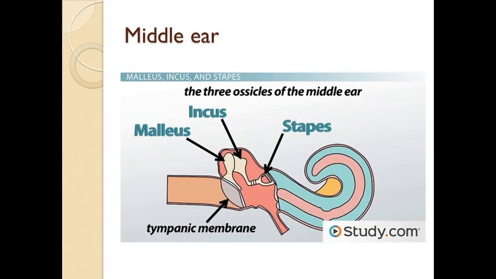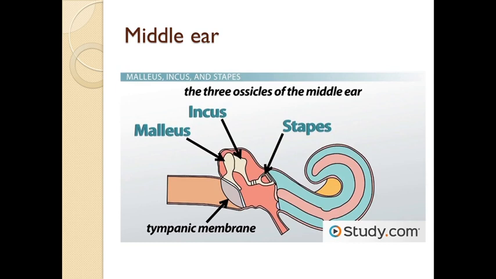Then the middle ear consists of three small bony ossicles, named malleus, incus and stapes. Malleus is connected to the tympanic membrane, and stapes is actually connected to the medial wall, and stapes covers the oval window.